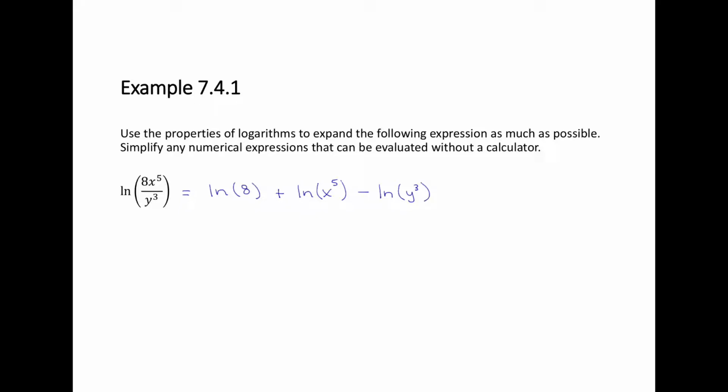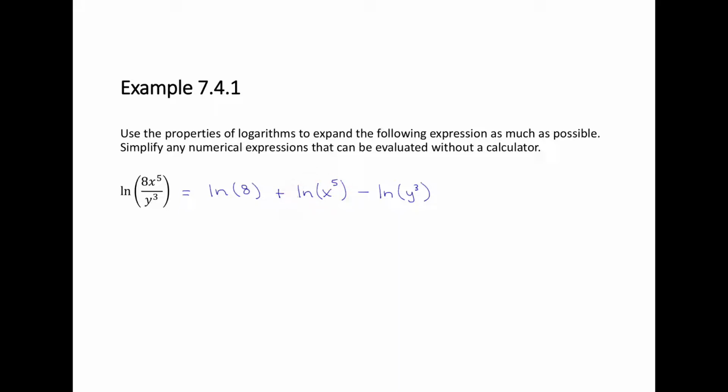Because the 8 and the x to the 5th are in the numerator, they're being multiplied with the product rule. We're going to add those two. And the y to the 3rd is in the denominator, so we're going to subtract that one. Now we can simplify the second two logarithms because they both have powers.